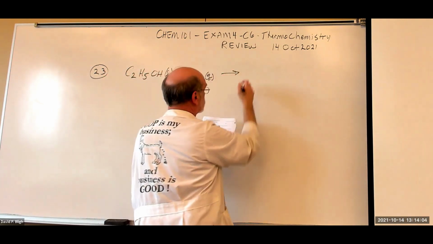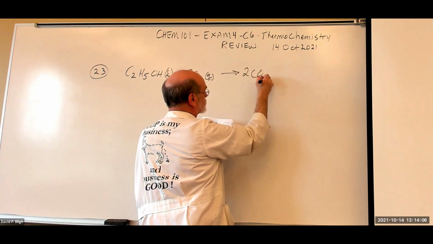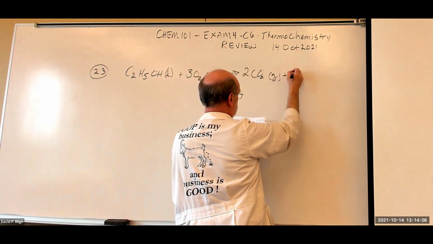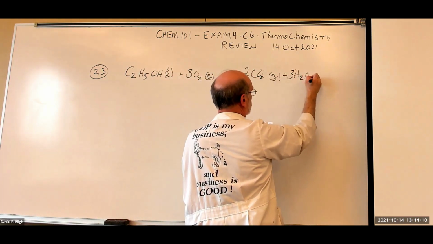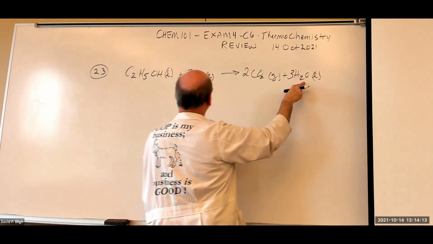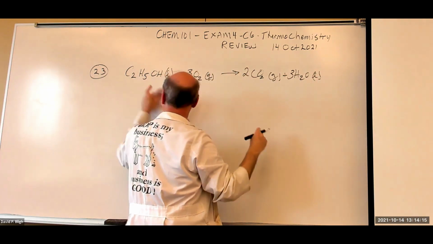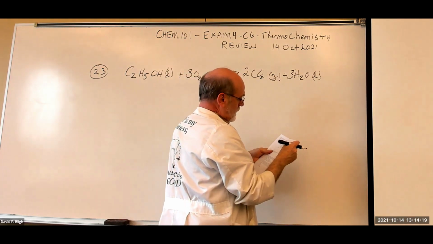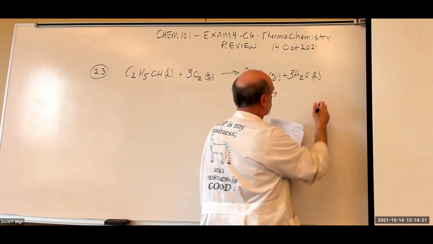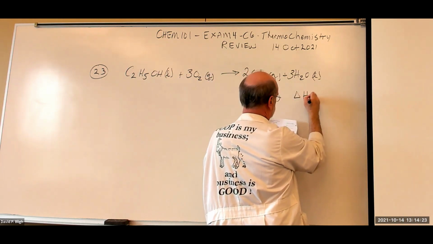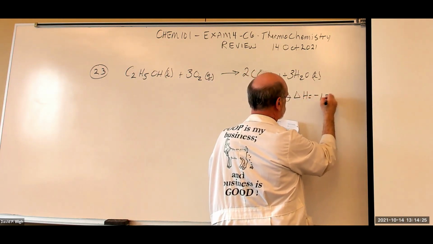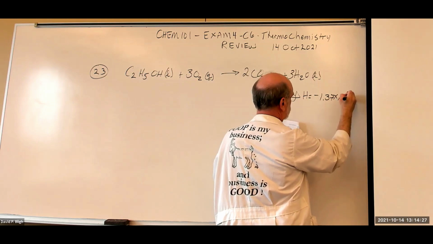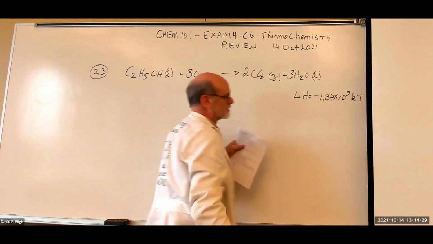And this equation is balanced under standard conditions. That's why the water here is liquid and the ethanol is liquid, because this is under standard states, and the delta H for this is minus 1.37 times 10 to the third kilojoules.